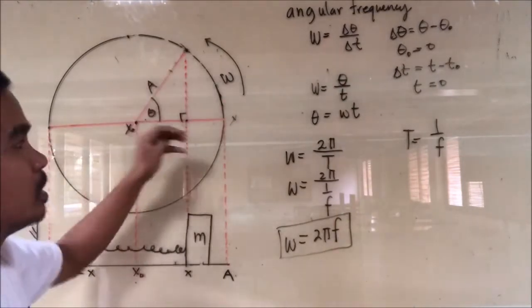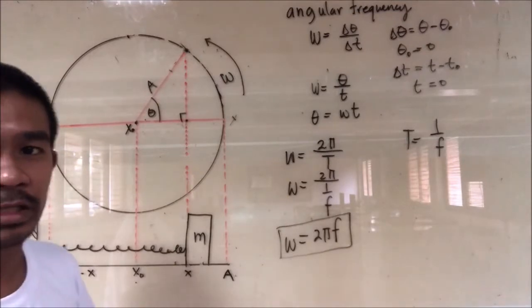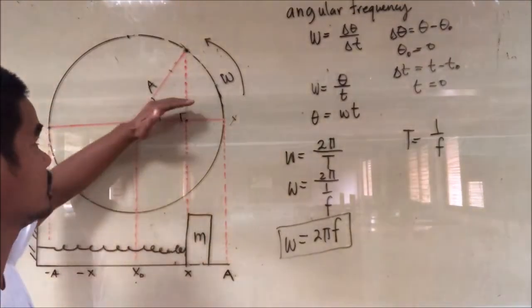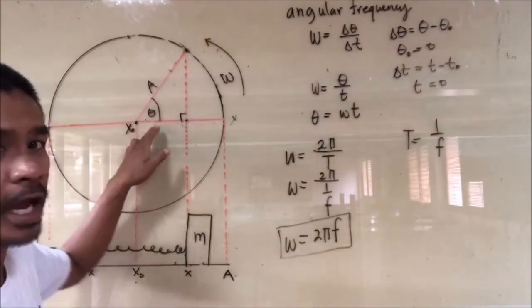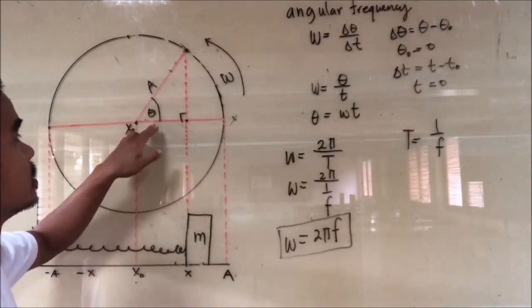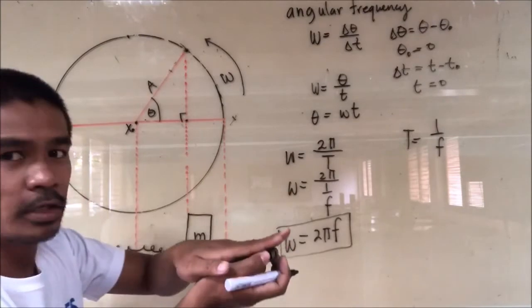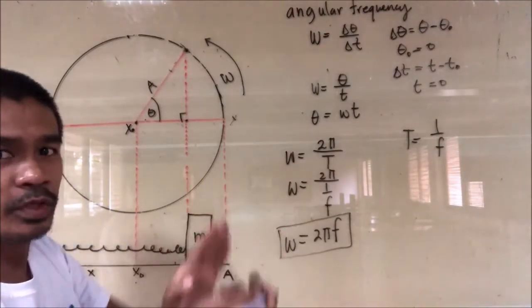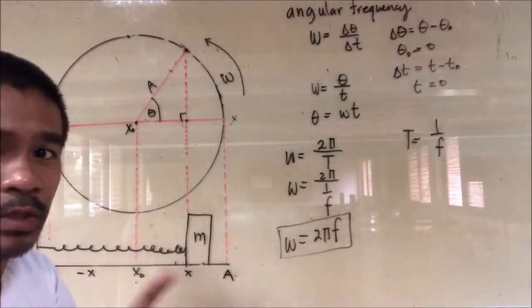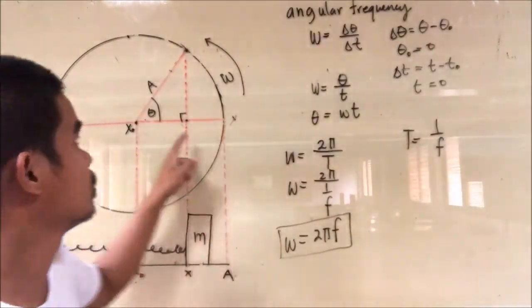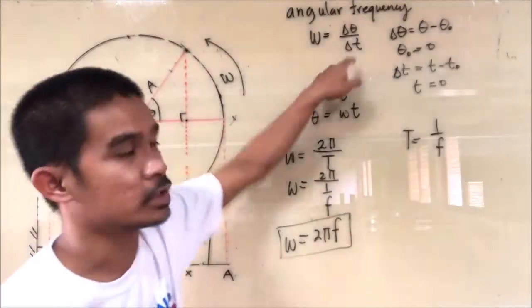The turntable is rotating at constant angular speed, so it will move a certain angular displacement theta. This is theta. So what will be the angular speed or the angular frequency? The angular frequency can be determined by the change of angular displacement over change of time.